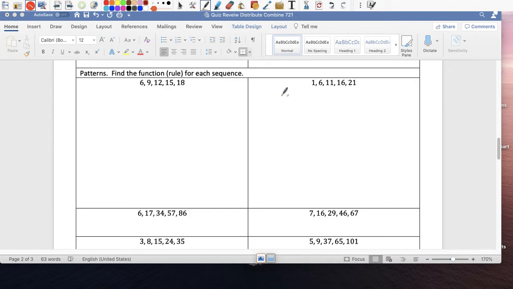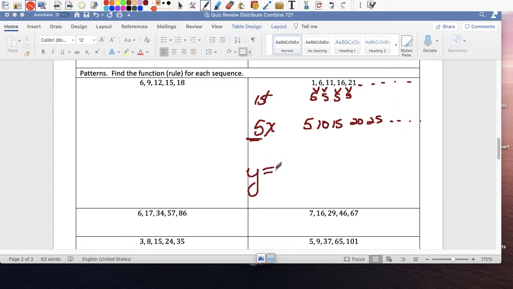Let's do another one here. First difference. Notice it's a 5, 5, 5, a 5. So nothing big here. So we know it's going to be 5x, right? A 5x sequence goes by 5. So it's 5, 10, 15, 20, 25, etc. So I know that part of my sequence is 5x, but I have to make an adjustment to this sequence because I don't really want a 5, I want a 1.